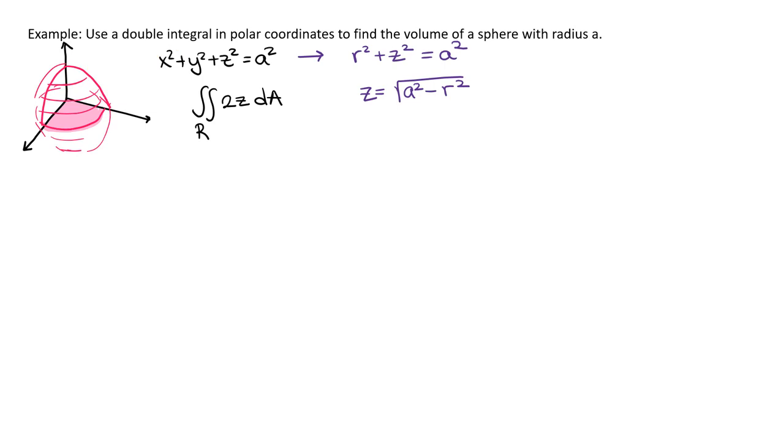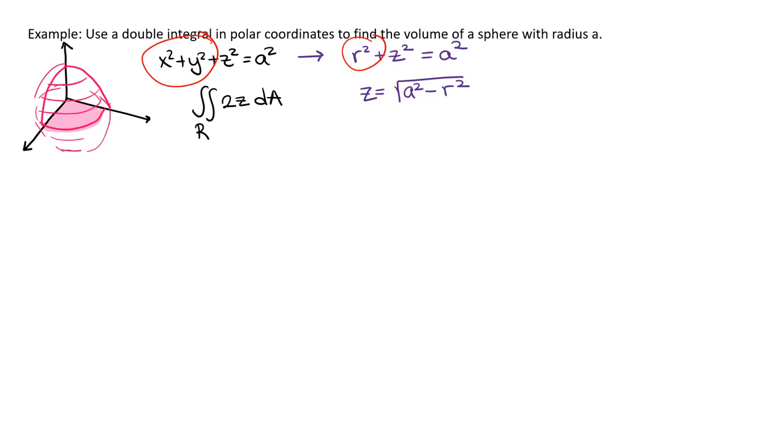Okay, so first of all, let's write some of these things in polar coordinates. So my sphere, x squared plus y squared plus z squared equals a squared, in polar coordinates would become r squared plus z squared equals a squared. And all I did is just replace the x squared plus y squared with an r squared.